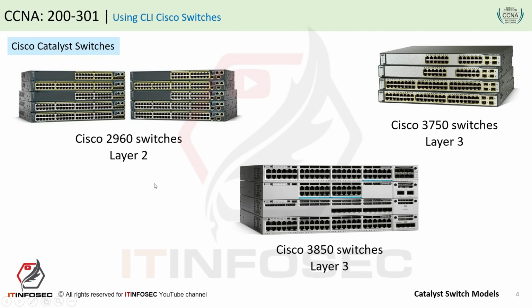Layer 2 switches means the switch knows connected computers on its ports by the computers' MAC addresses. The switch doesn't know any IP address based on connected ports. Yes, in some situations, the switch works with an IP address on a virtual interface, which I will describe completely later.